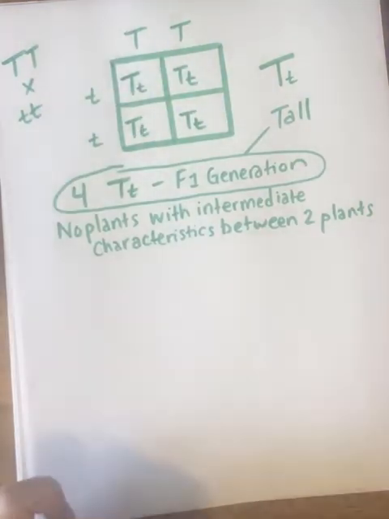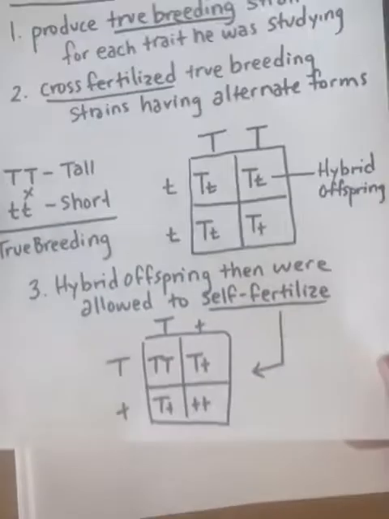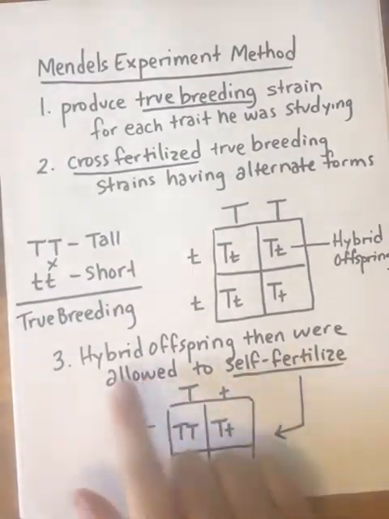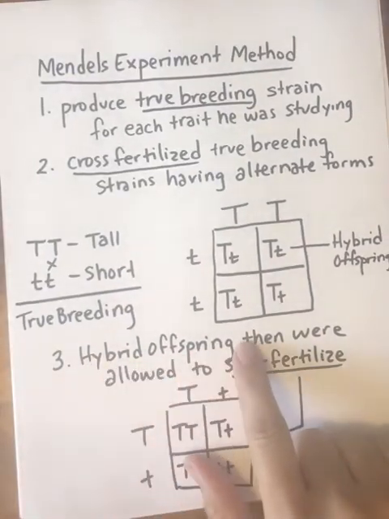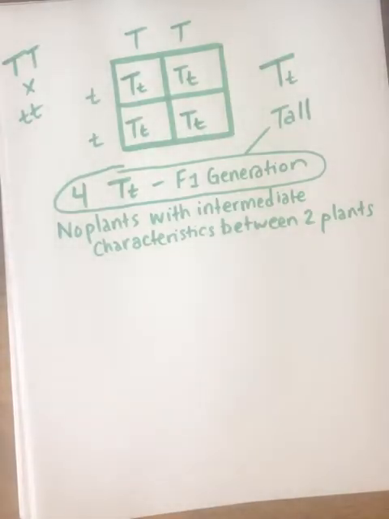Now, your F2 generation. So what he did, third part of his design, was he took his F1 generation and then he allowed these to self-fertilize. The hybrid offspring, part of his experiment design, is the hybrid offspring were then allowed to self-fertilize. So we call this the F2 generation.